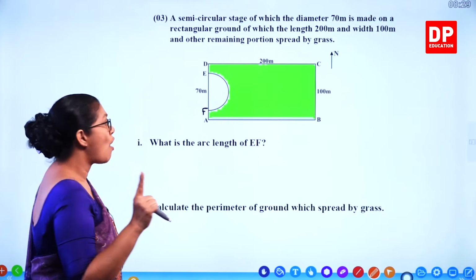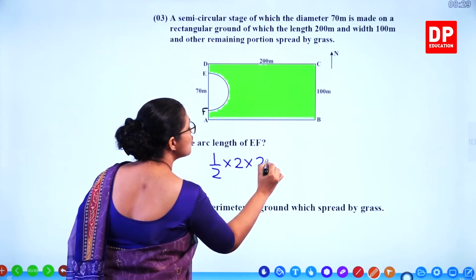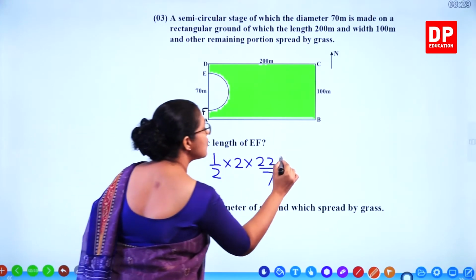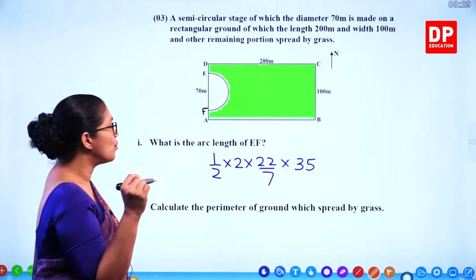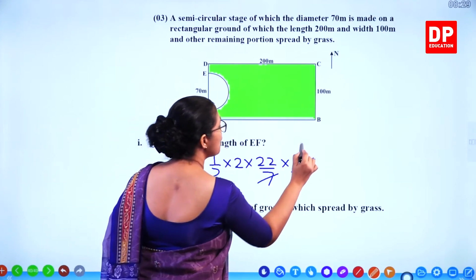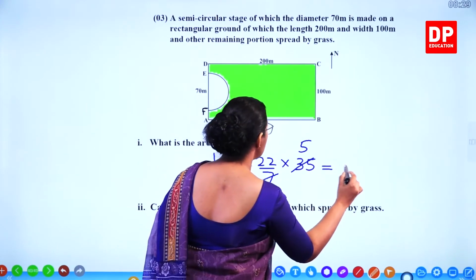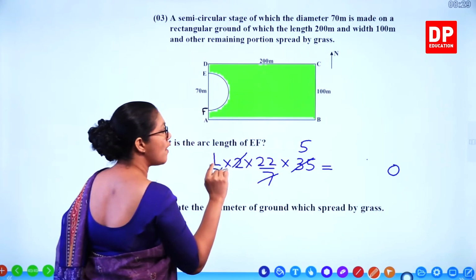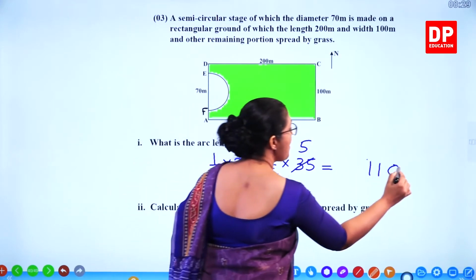Half of 2 pi r. 2 pi is 22/7. What's the radius? Diameter is 70. So 35. 70 divided by 2. 7 times 5. And these 2 get cancelled out. 22 times 5. 5 times 2, 10. 5 times 2, 10 plus 1, 11. So that's 110 in meters.